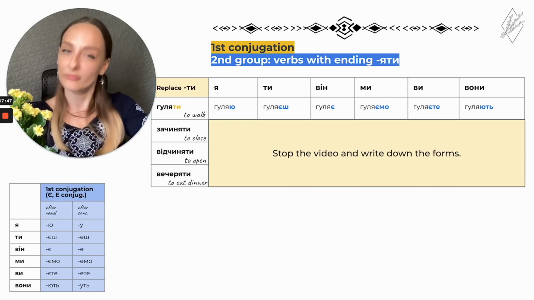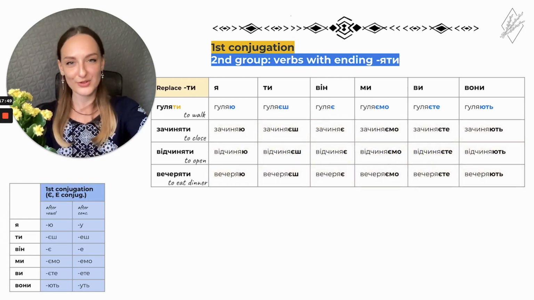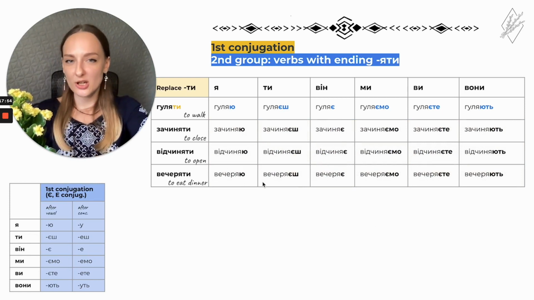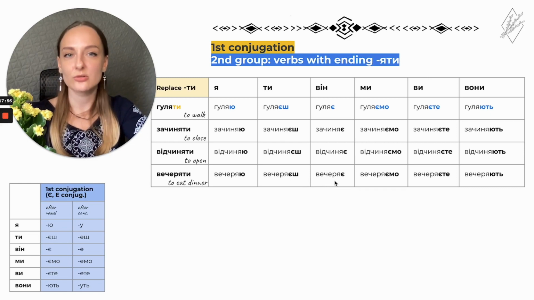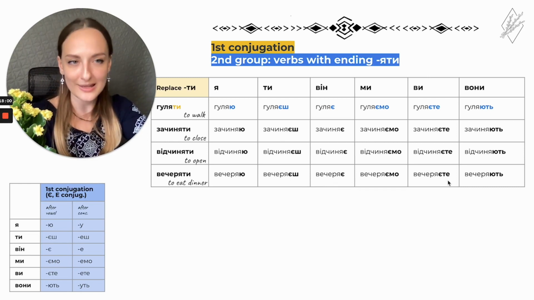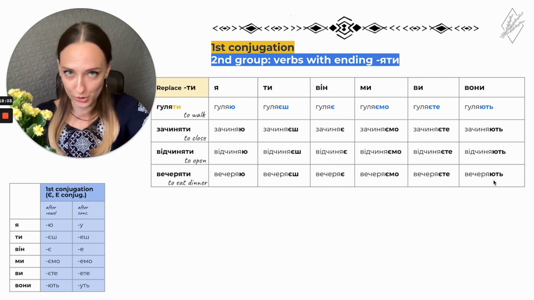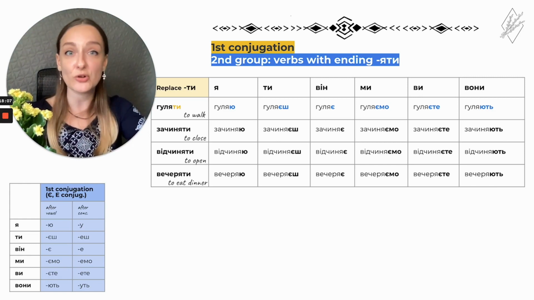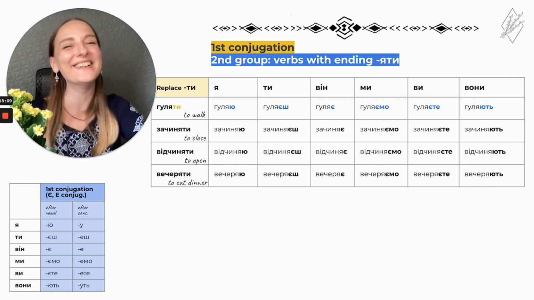Ready? I'm showing you the results. For example, вечеряти. Я вечеряю, ти вечеряєш, вона вечеряє, ми вечеряємо, ви вечеряєте, вони вечеряють. Okay, so here everything is transparent, clear.